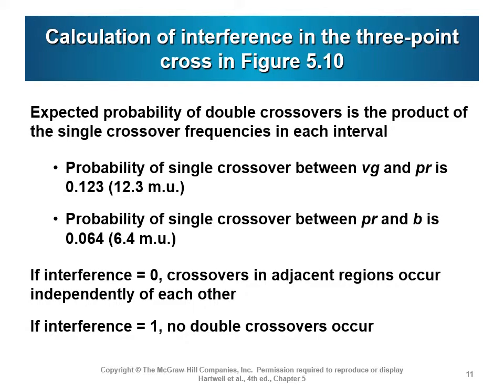The probability of the single crossover between VG and PR is 0.123, 12.3 map units, and the probability of the single crossover between PR and B is 0.064, which is 6.4 map units. If the interference is 0, then the crossovers in adjacent regions are independent events, and if the interference is 1, then the double crossover does not take place.